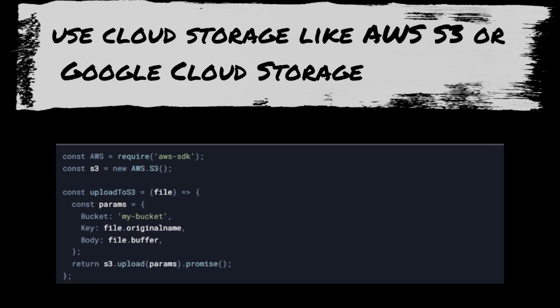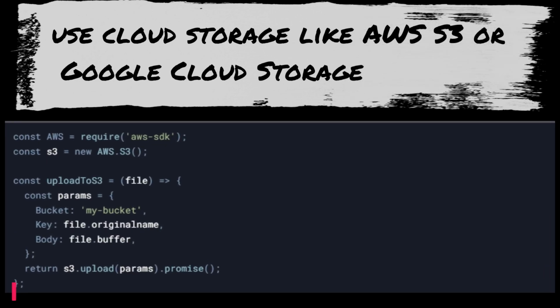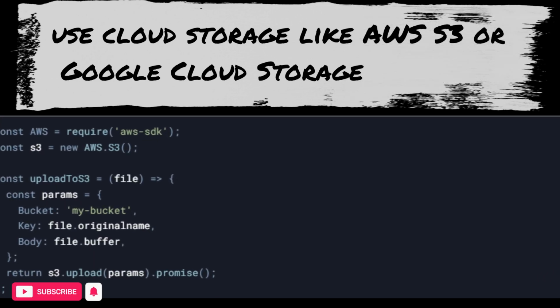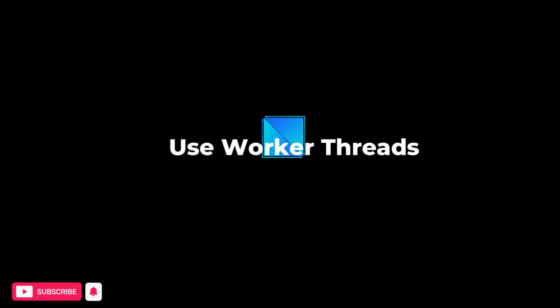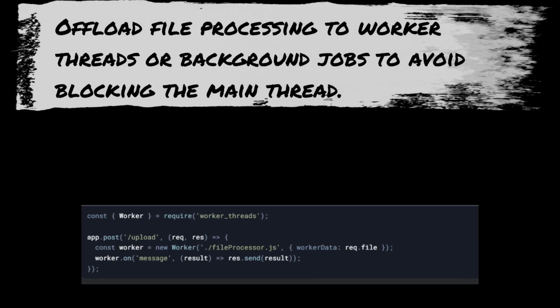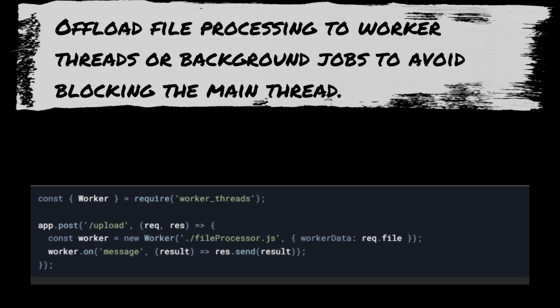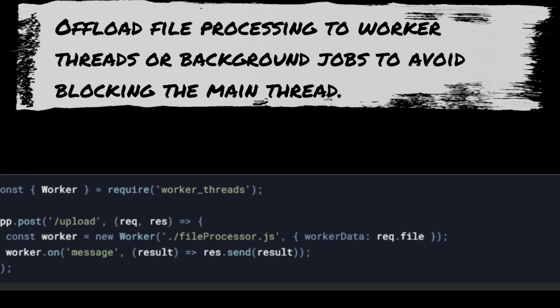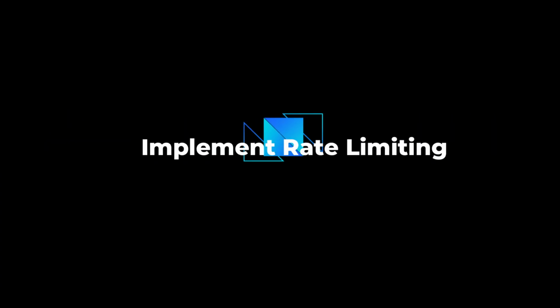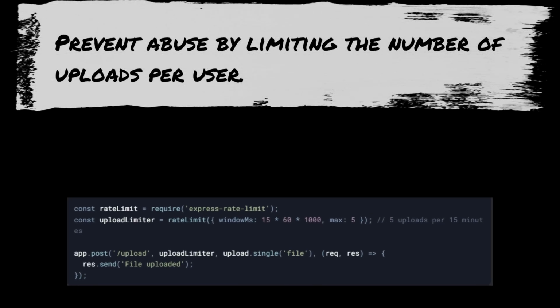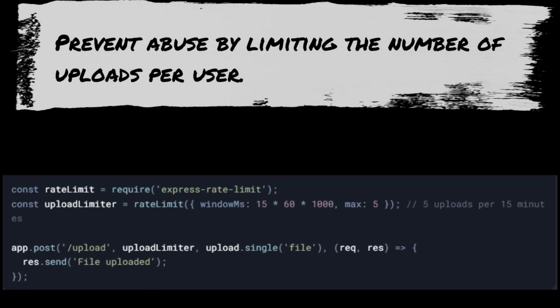Store files in cloud storage. Use cloud storage like AWS S3 or Google Cloud Storage for scalability and reliability. Use worker threads. Offload file processing to worker threads or background jobs to avoid blocking the main thread. Implement rate limiting. Prevent abuse by limiting the number of uploads per user.